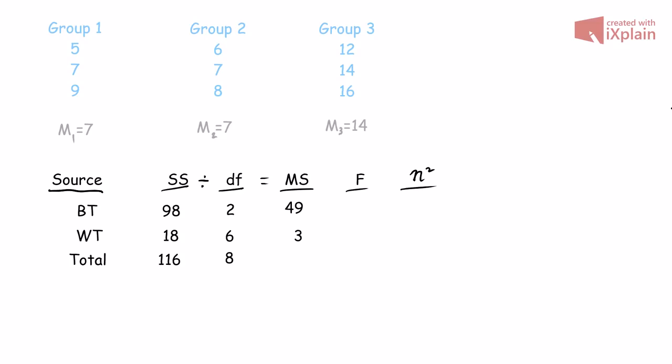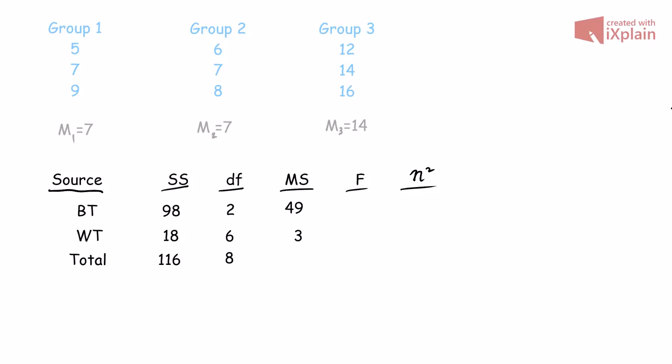So this is the average variability due to treatment and individual differences and error. And this is the average variability due to individual differences and error.